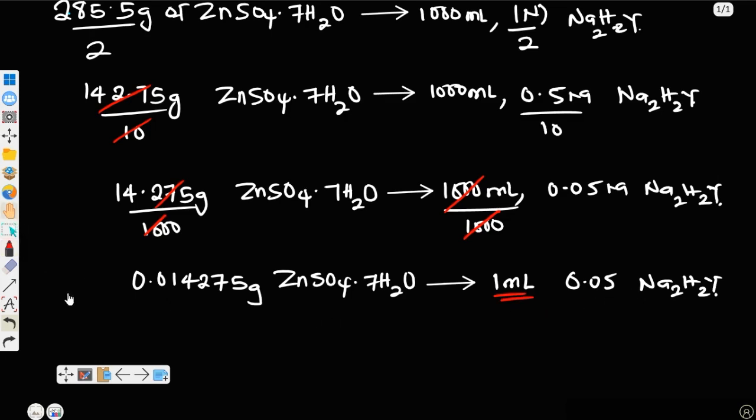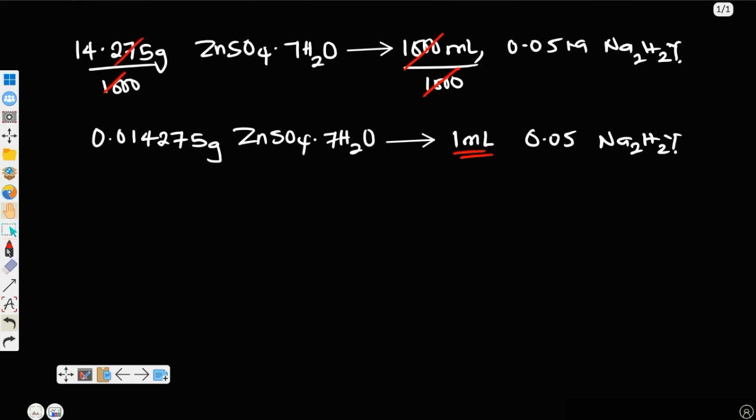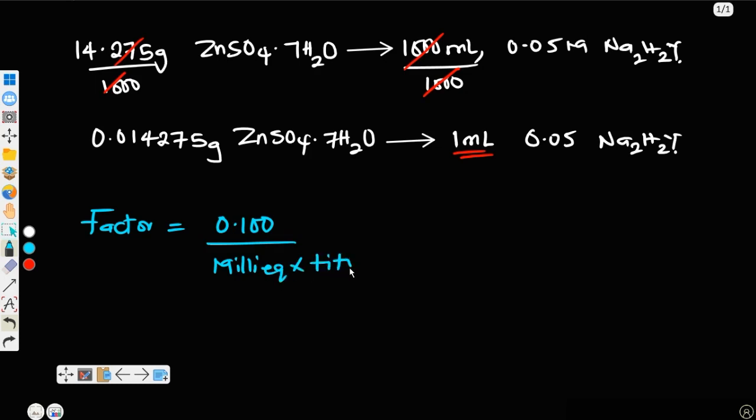Now let's come back to calculate our factor. Now what was the formula for factor? Factor is weight, they already gave you this one, so you don't need to put this one. This is 0.1 divided by milli equivalent times titer value.